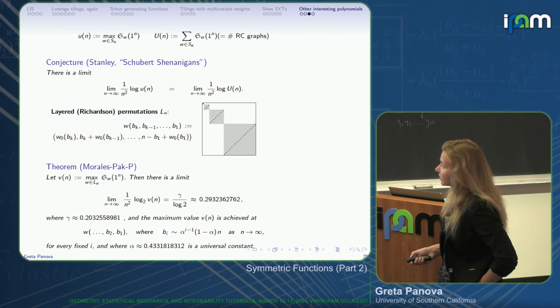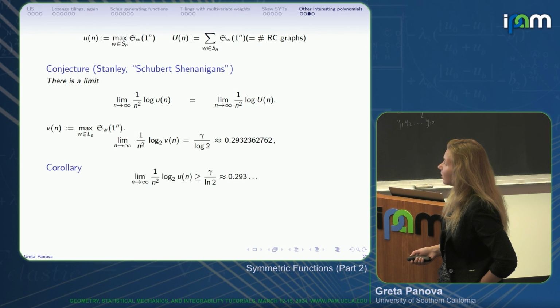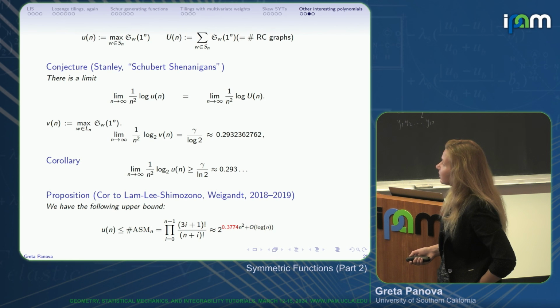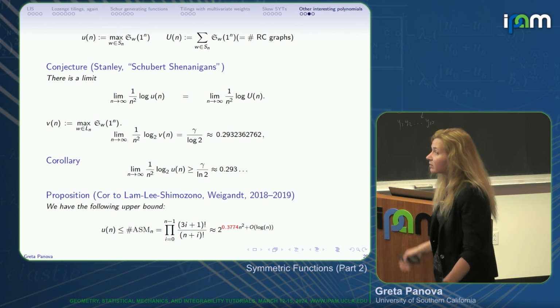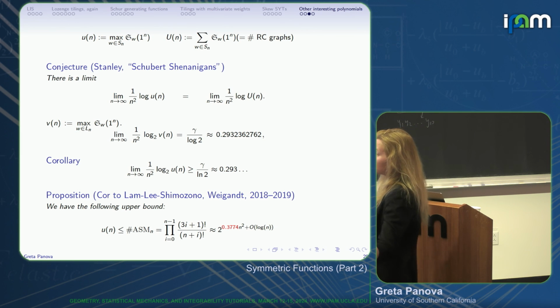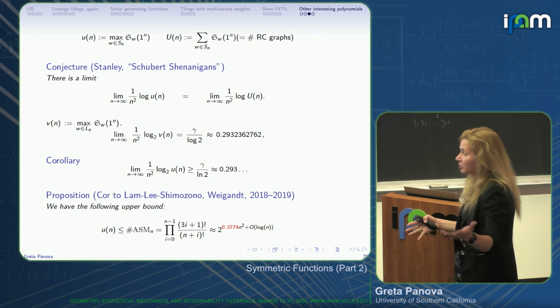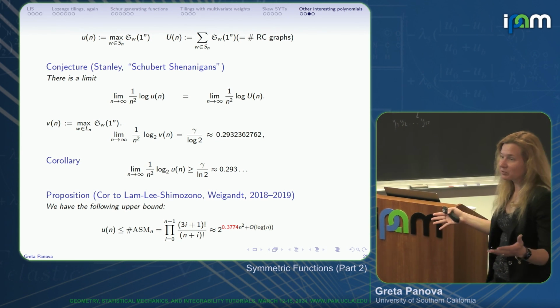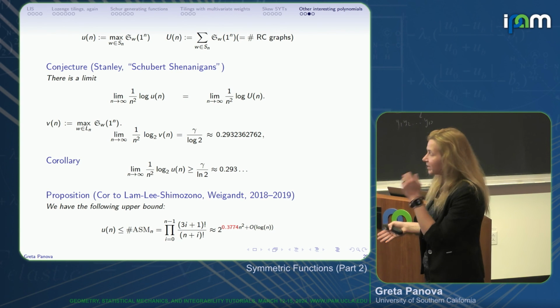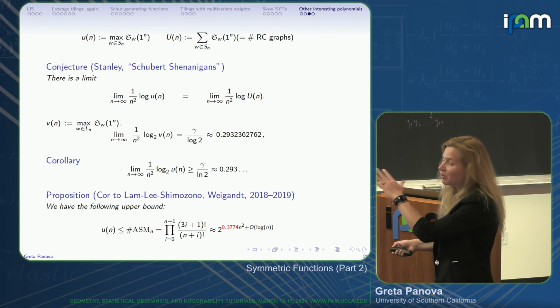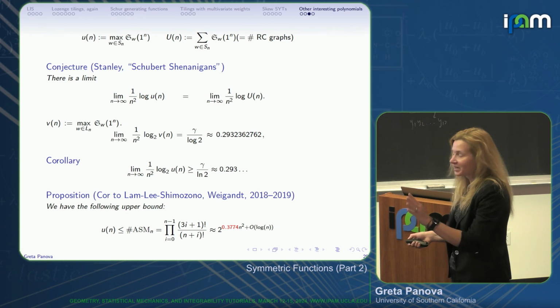And the real question is, is this actually the maximum? Maybe, maybe not. All we know is that there is an upper bound which comes from counting alternating sign matrices, which probably is going to show up in the six-vertex model with uniform weights. Alternating sign matrices somehow show up in this whole business.